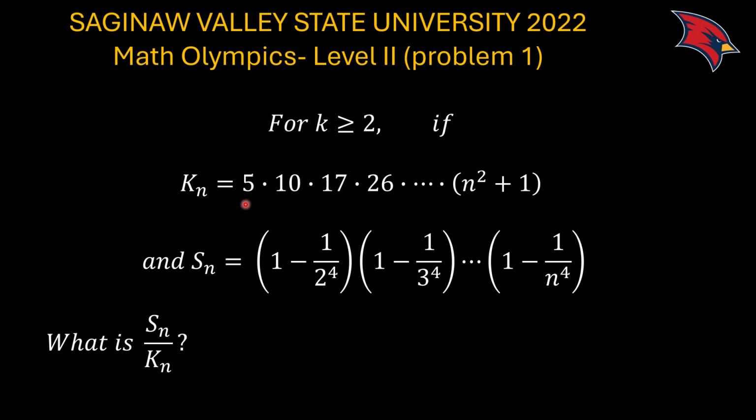In other words, capital Kn is the product from k equals 2 to k equals n of k squared plus 1. And then capital Sn is the product from k equals 2 to k equals small n of 1 minus 1 over k to the 4. I think that's what the problem is all about.